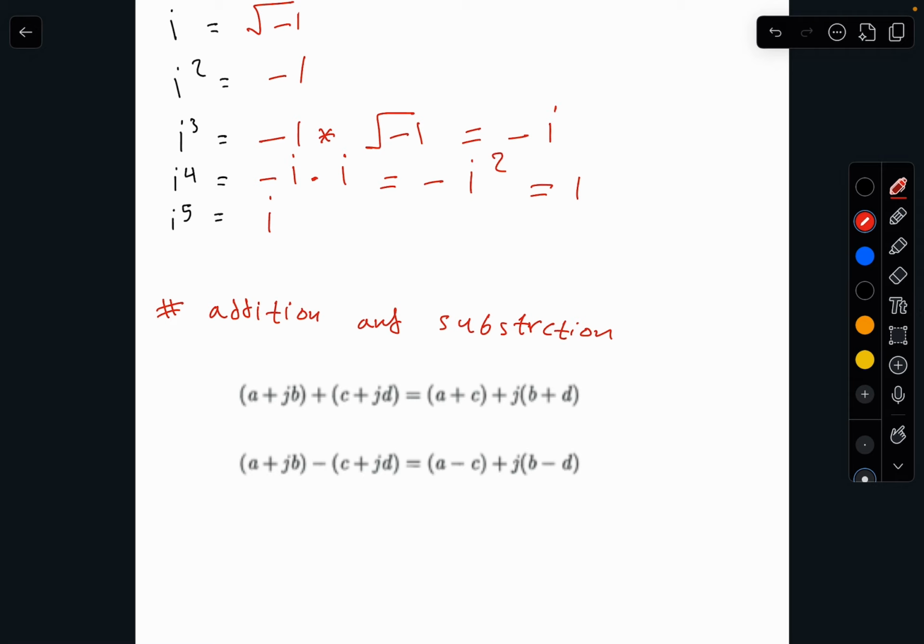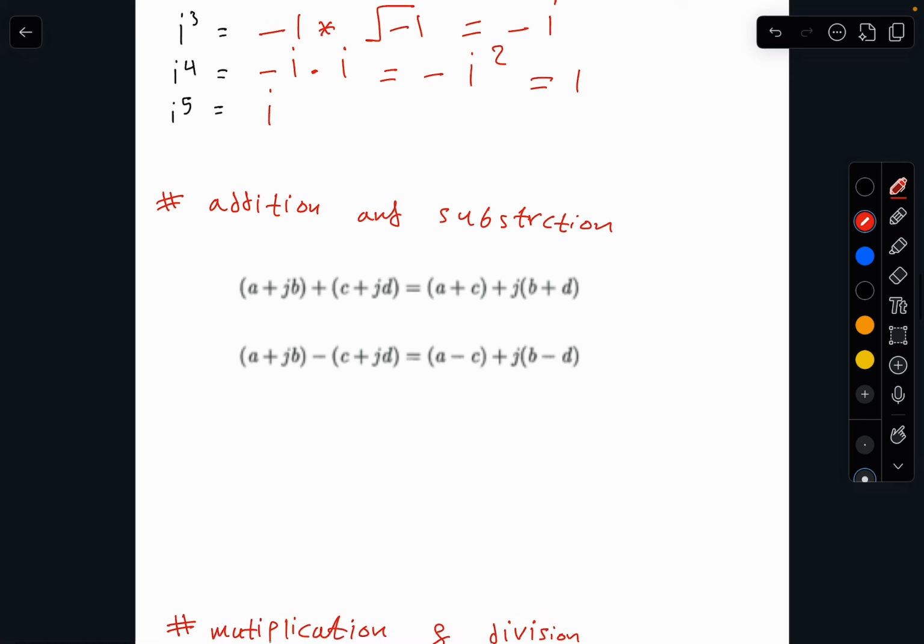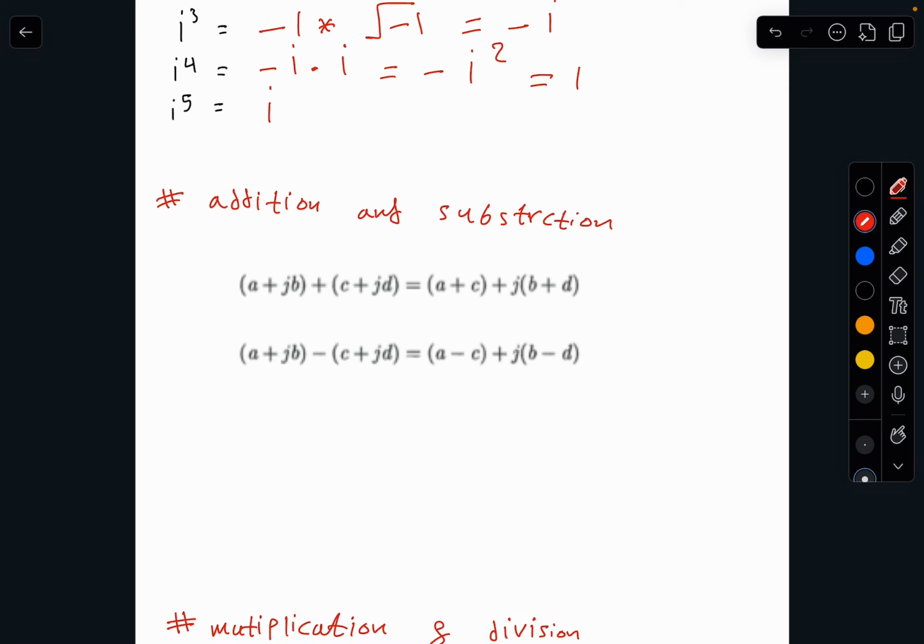So, addition and subtraction with imaginary numbers, okay? Let's take an example. Let's say we have 4 plus i, plus, let's say, 1 plus 2i, just for an example.